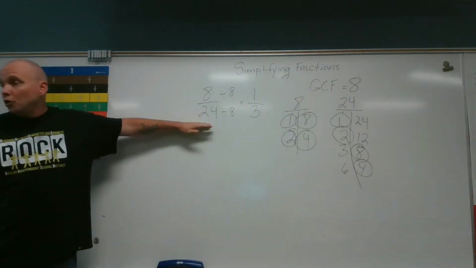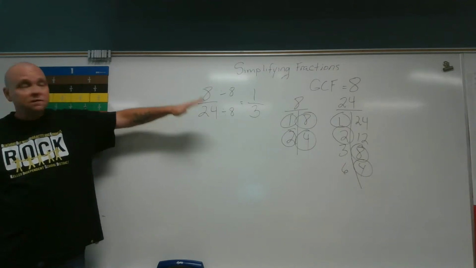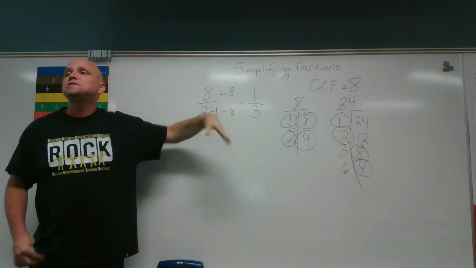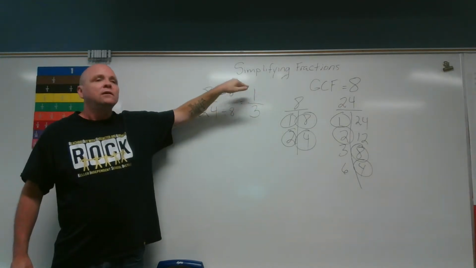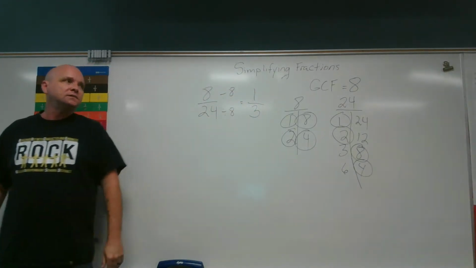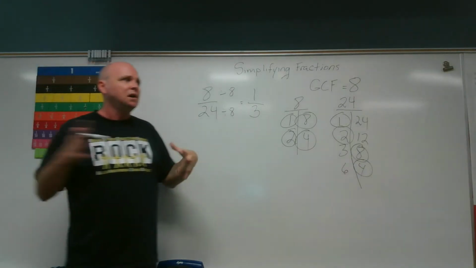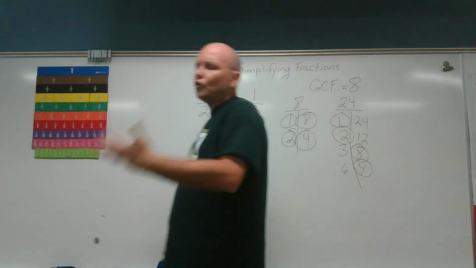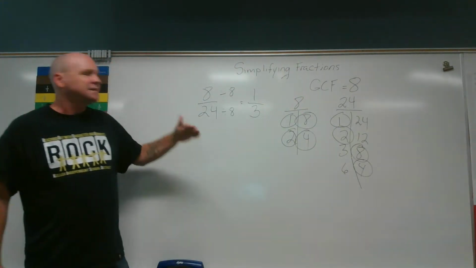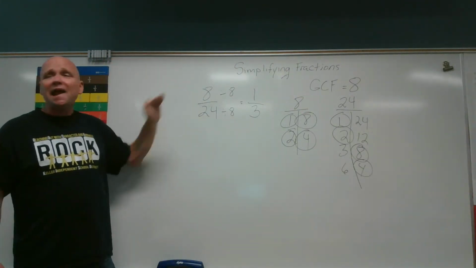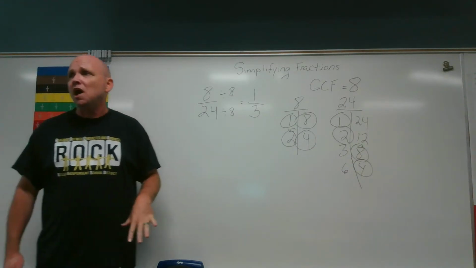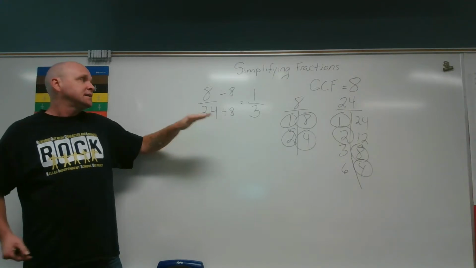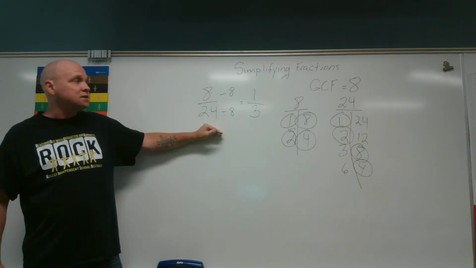If there were 24 cookies and a student ate 8 of them, he's going to eat the same percentage as another student eating 1 out of the 3 cookies. Same percent, obviously not the same amount. If Logan went hunting and saw 24 birds and shot 8 of them, that would mean he shot 67% of the birds he saw.